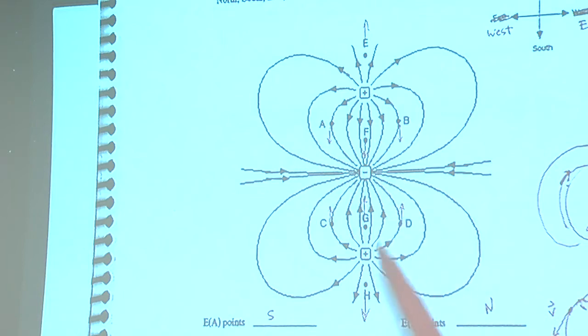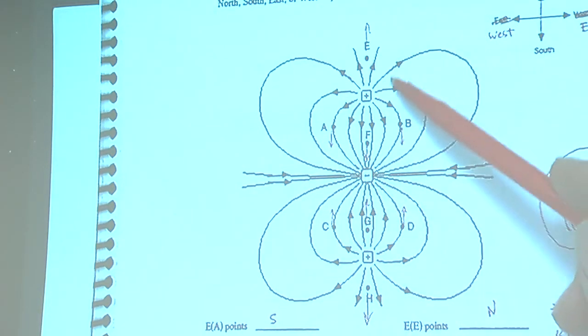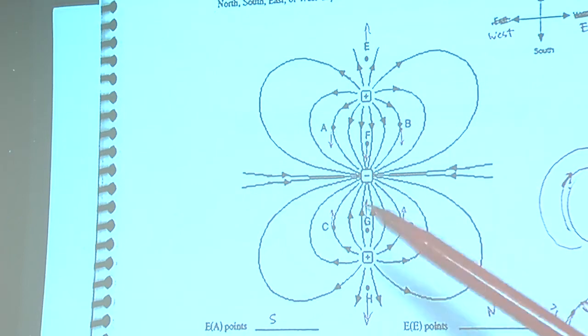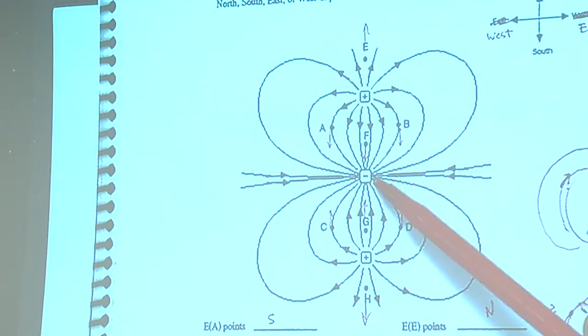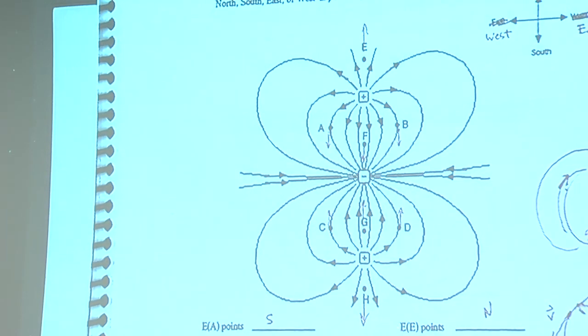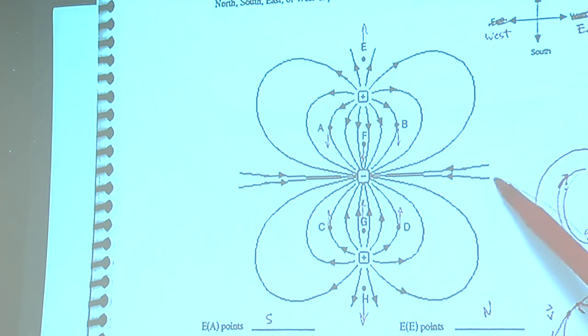Count the lines on this one. We've got 12 at the positive, right? And we have 24 on this negative. This is drawn correctly. So this one would actually loop way out and then come back in over here.